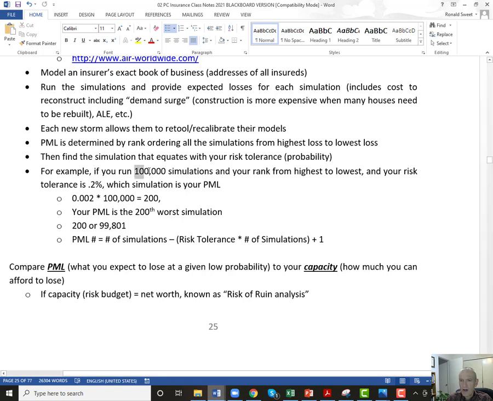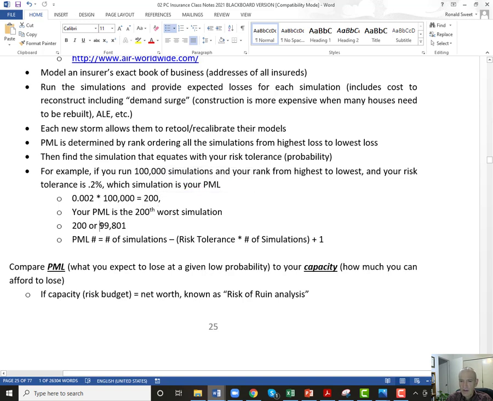Well, if you're running 100,000 simulations and you have a 0.2% risk tolerance, then you take, okay, what's 0.2% times 100,000? That's 200. So you want the 200th worst simulation, and that will be your 0.2.